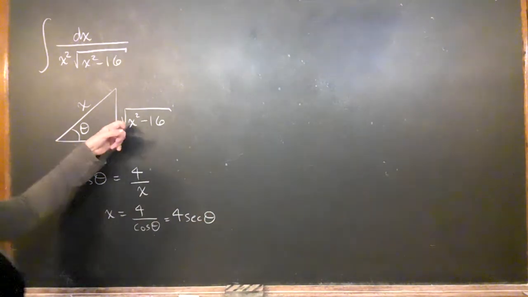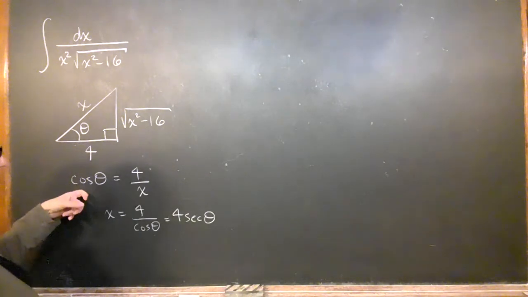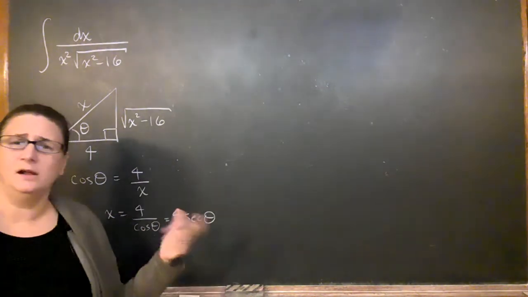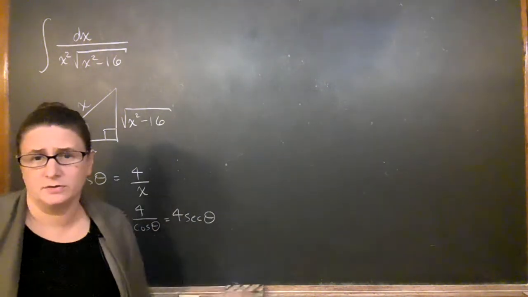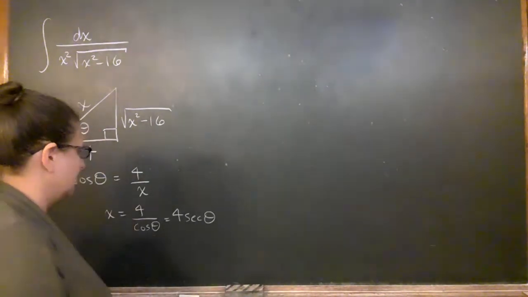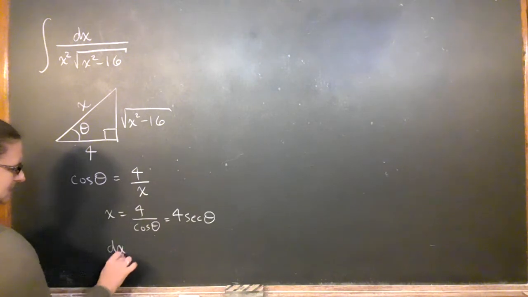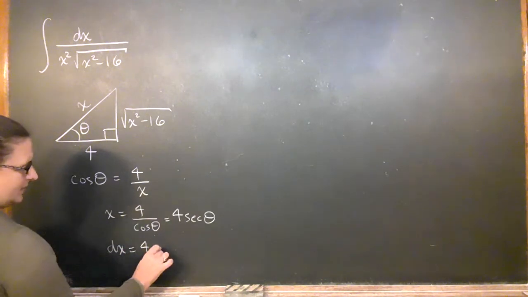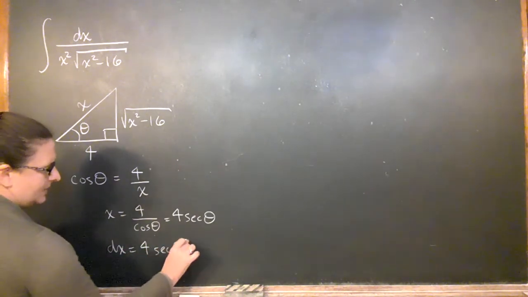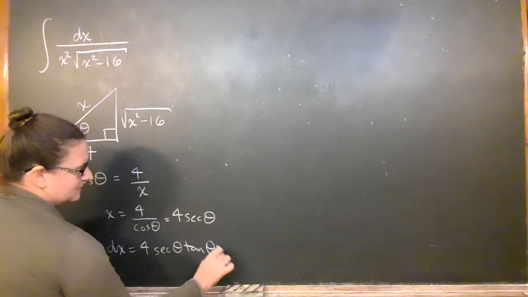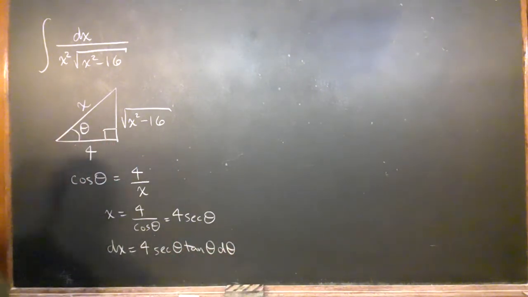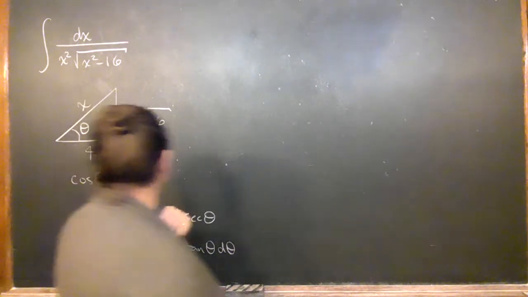If I had chosen the 4 here, it would have been sine, it would have been cosecant. My integrals would have been with cosecants and cotangents. That's not going to be a big difference. All right. Now, what about dx? dx is then going to be 4 secant theta tangent theta d theta. Right? So fine, and then what about the square root? Now you can see again, I want to not have the x in there too much.